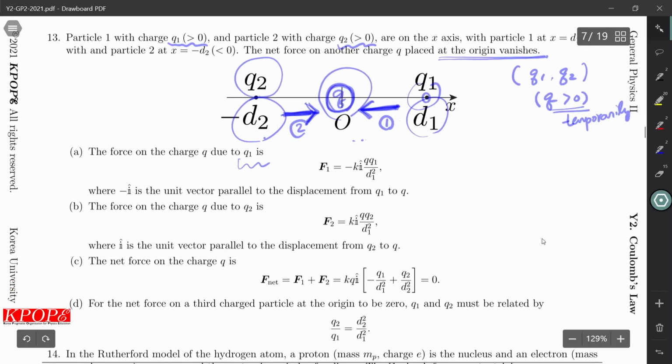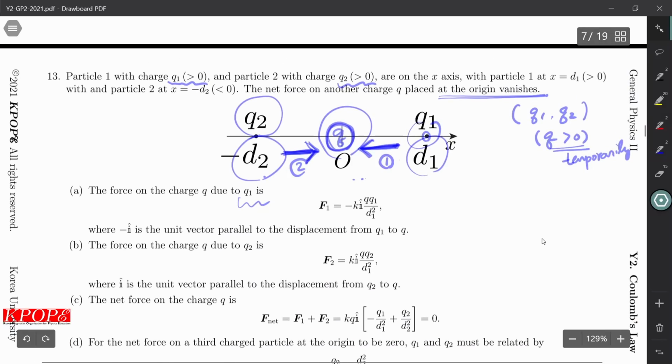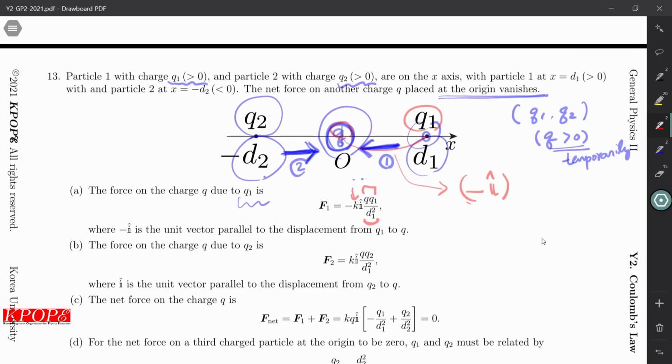Alright, so we can read the direction. This is toward the left, from the positive charge to the origin. So this direction, the unit vector, is proportional to minus i. The magnitude is K, the product of the charges, over distance d1 squared. So minus i.